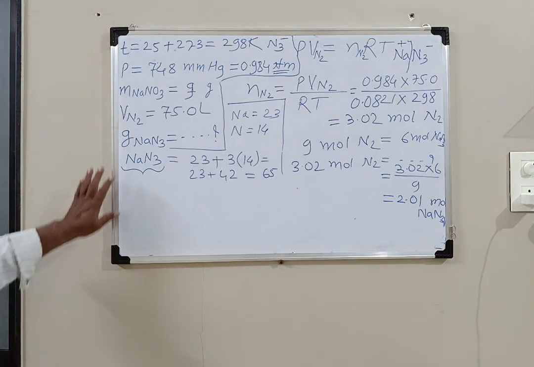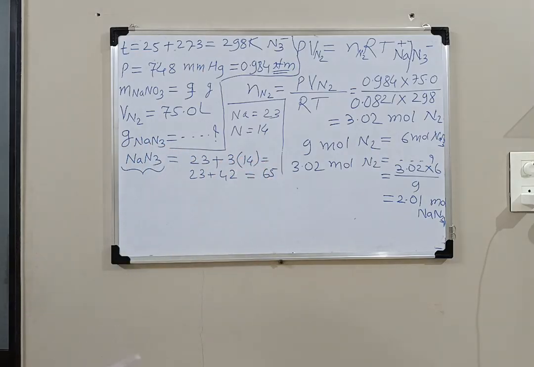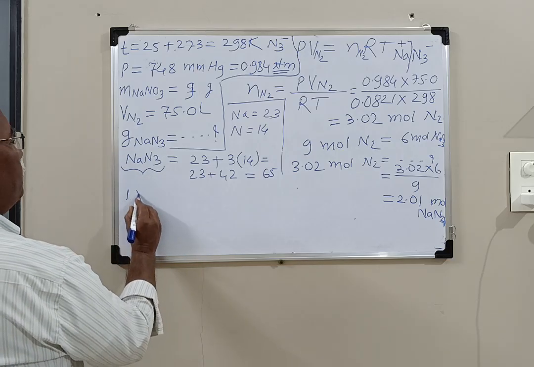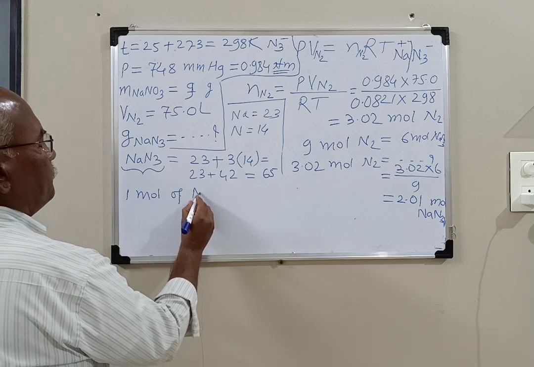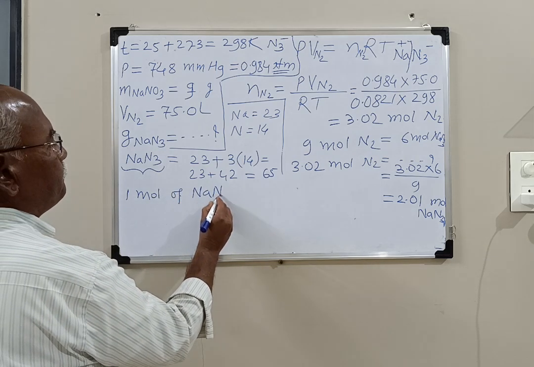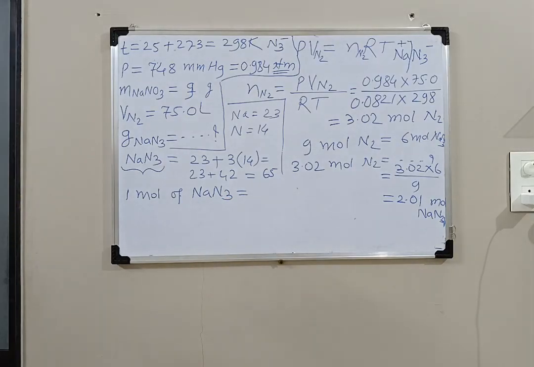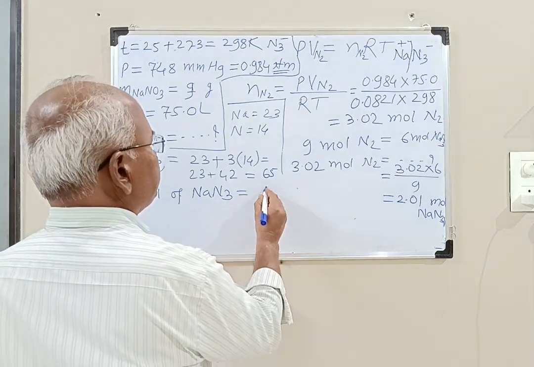Molecular weight of sodium azide is 65. One mole of sodium azide gives 65 gram of NaN3.